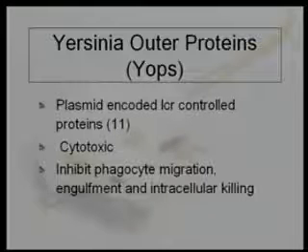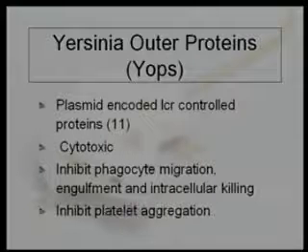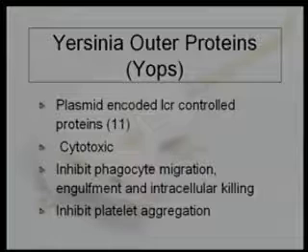So there are a lot of ways that the organisms can escape host defense mechanisms, the non-specific immune system that is responsible for early protection. They also inhibit platelet aggregation, and therefore you saw the hemorrhage around the buboes.